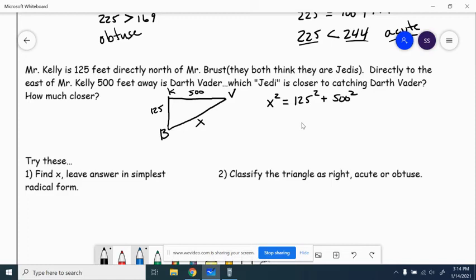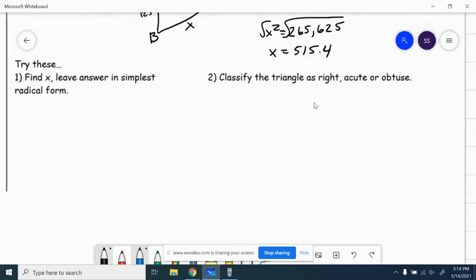And we square these out, add them together, we get x squared is equal to 265,625. And then we take the square root of each, and we're left with x is equal to 515.4. Okay, so it looks like Mr. Kelly is a little bit closer by 15.4 feet.